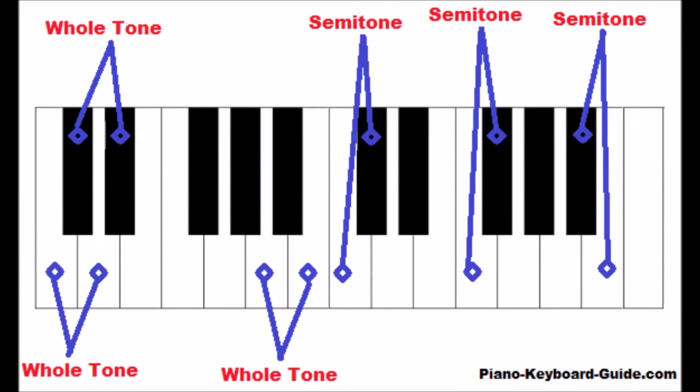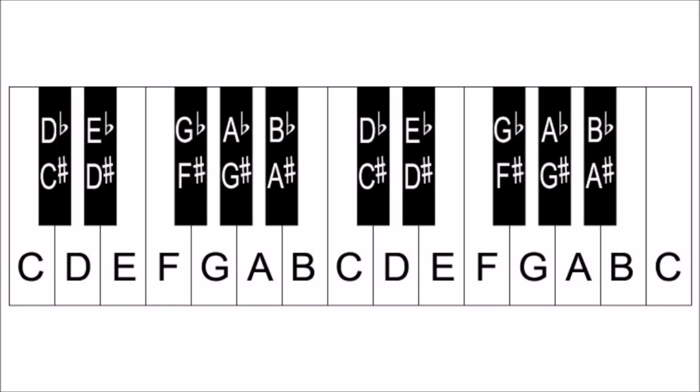What is a semitone? A semitone, also called a half step or half tone, is the shortest distance between two notes. On the piano keyboard, a semitone goes from one key to the very next key.